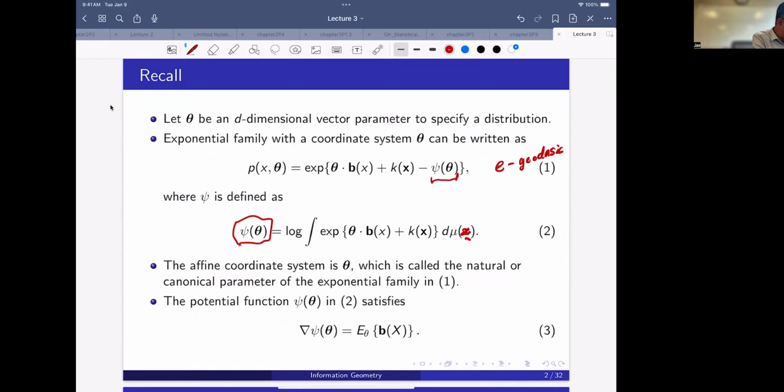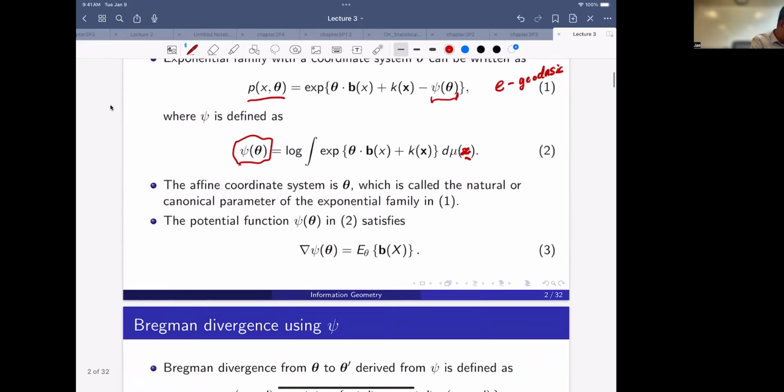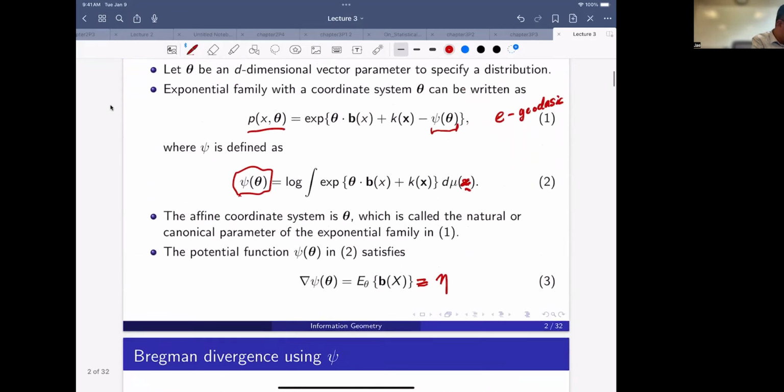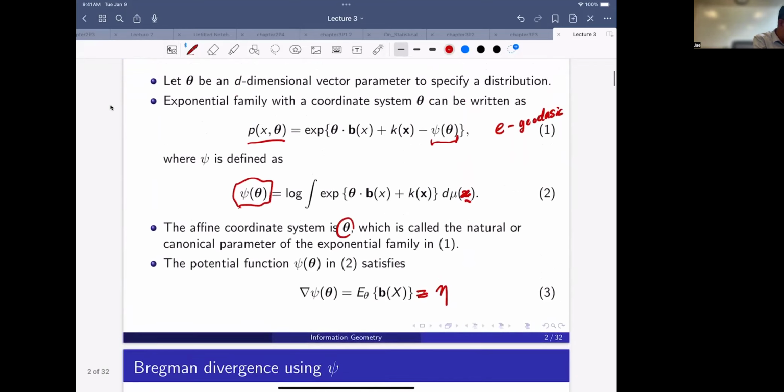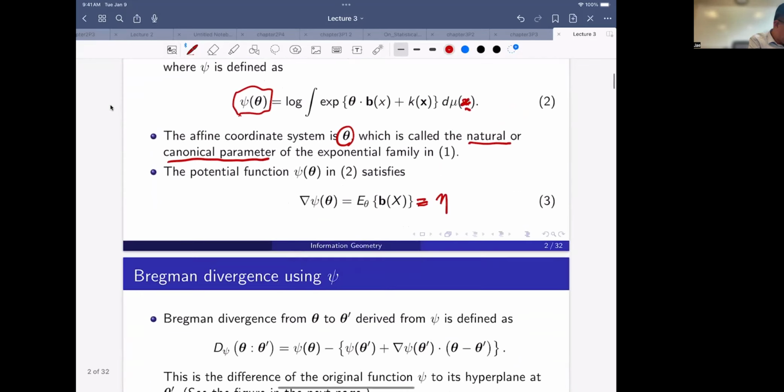Here we characterize the distribution in terms of theta, but you can actually characterize the distribution in terms of another parameter, eta, which is basically this one. Theta is in this case called the natural or canonical parameter, and eta is the dual parameter or expectation parameter.